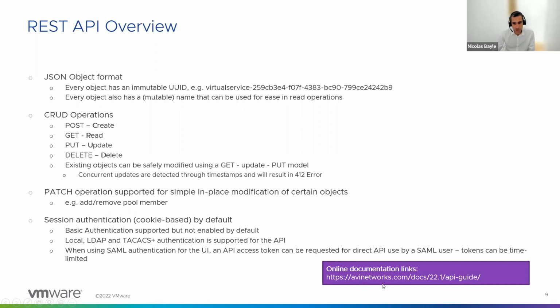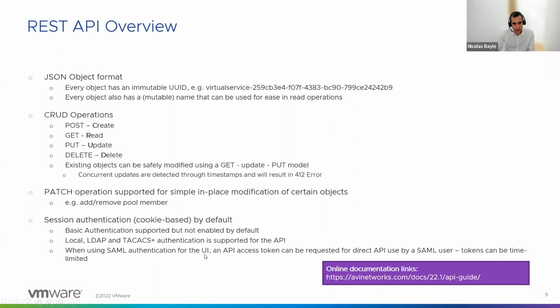I have shared with you some links here at the bottom if you are interested to have a deep dive into the AVI API. Everything is fully documented here. You will need to select what kind of authentication you want to use when creating your API session.